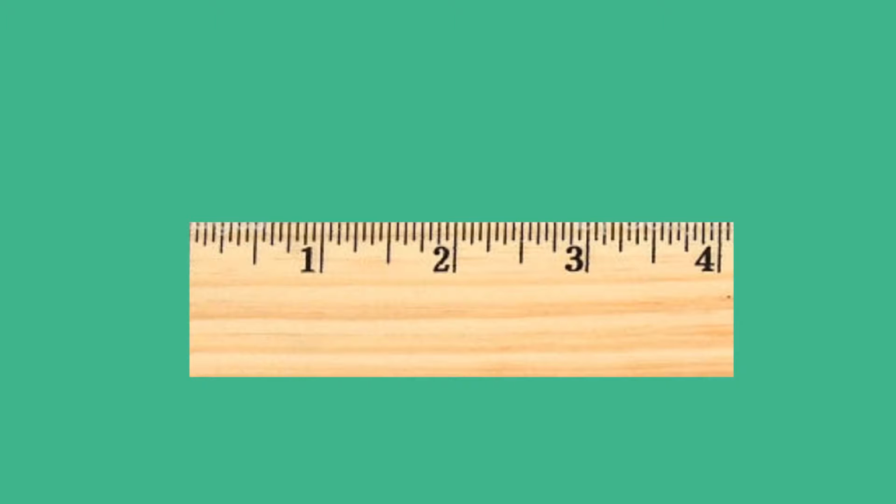Often we need to measure things that are smaller than an inch or whose size doesn't exactly correspond with a whole inch. That's why the whole inches are divided into smaller intervals. These smaller intervals don't have a separate name of their own, they're just referred to as fractions of an inch. See, the inch is divided up into equal pieces, so we can use fractions to describe those equal pieces.